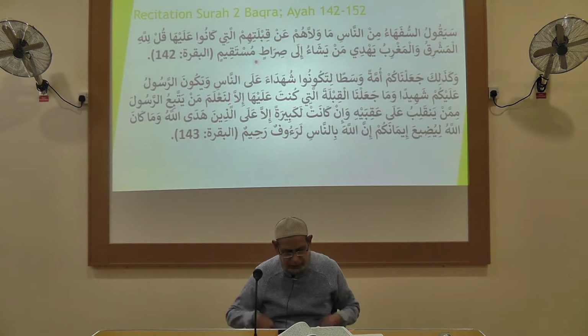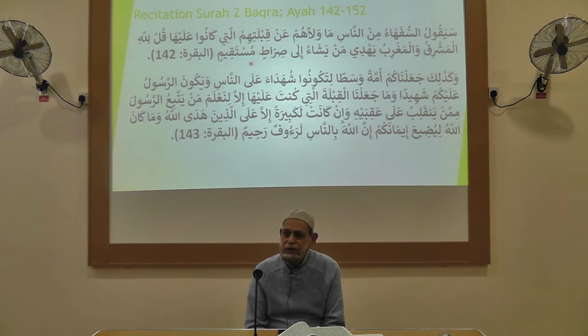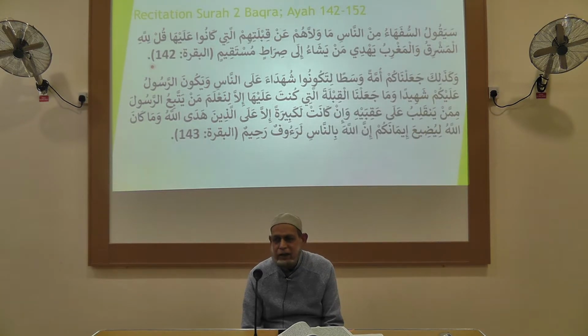I want to give a bit of background of why these ayah came into existence, where Allah subhanahu wa ta'ala sent these ayah. Rasul sallallahu alaihi wasallam, when he was in Mecca, used to pray facing the Kaaba in a direction which was towards Baitul Maqdis, because the Qibla before Rasulullah came, the Ummah was praying towards Baitul Maqdis.